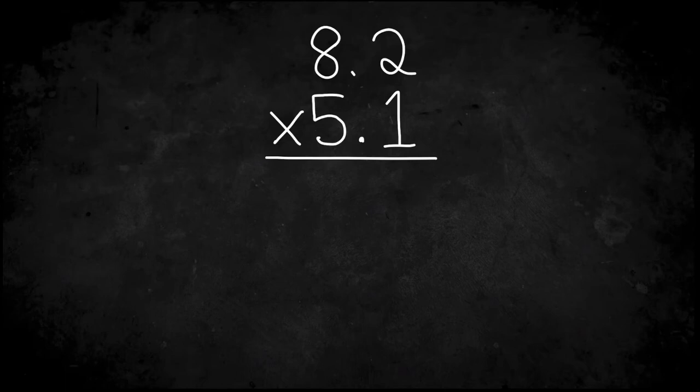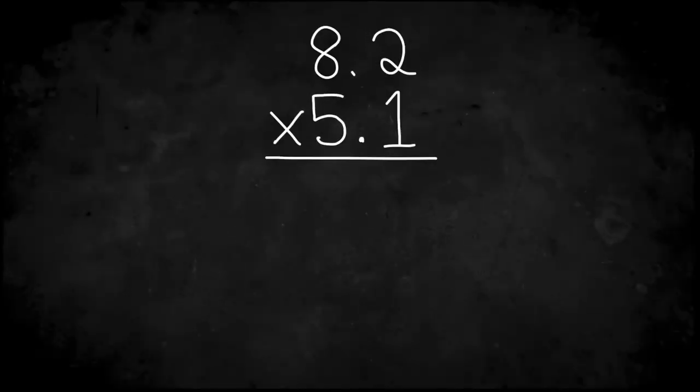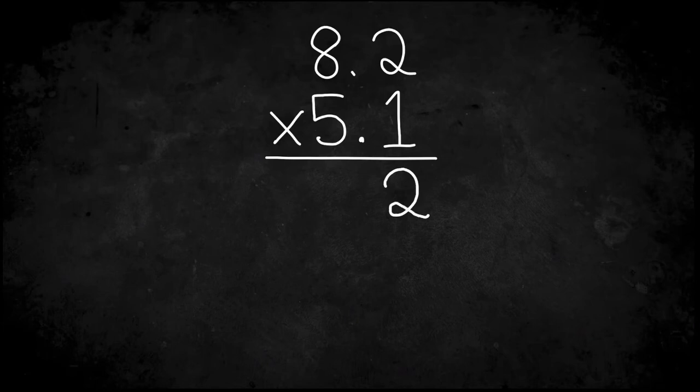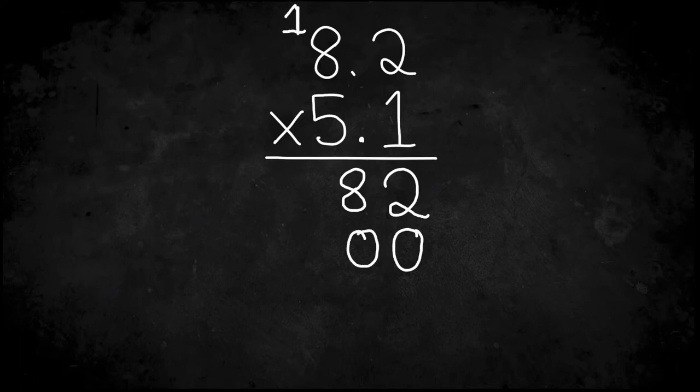So 1 times 2 is 2, and 1 times 8 is 8. We put a 0. 5 times 2 is 10. We put the 0 here. We carry the 1. 5 times 8 is 40, plus 1 is 41.